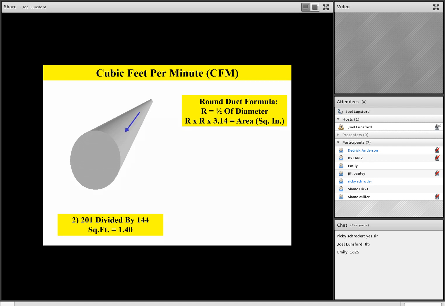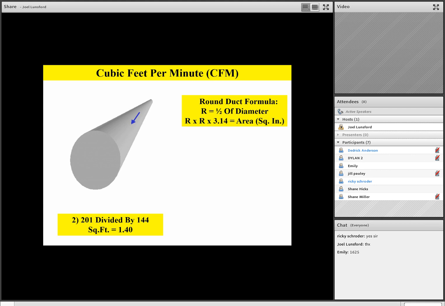Now, team, you'll notice on your calculator it may be 1.395872334, whatever. Just round up or round down to the nearest digit. That's plenty close for field work. So 1.4 square feet is equivalent to a 16-inch round duct.